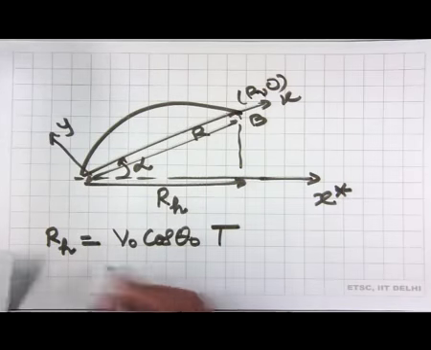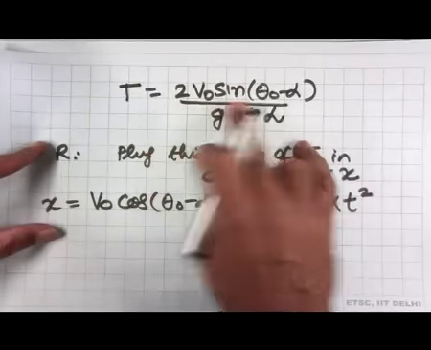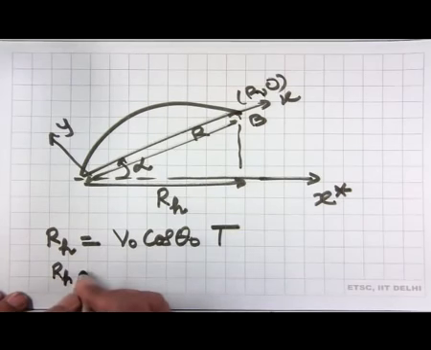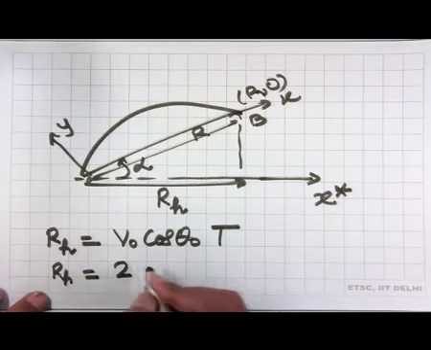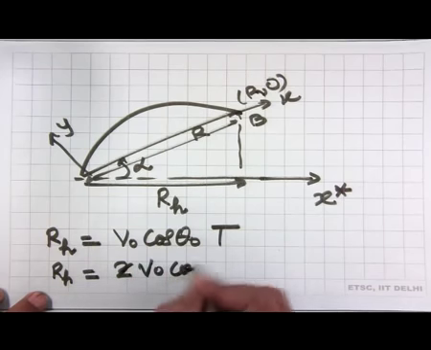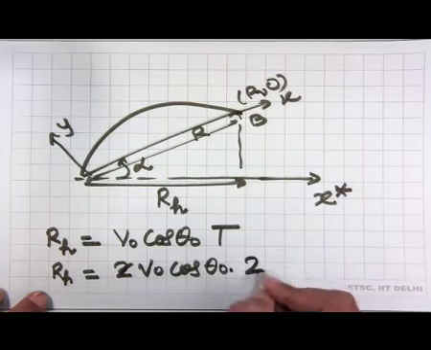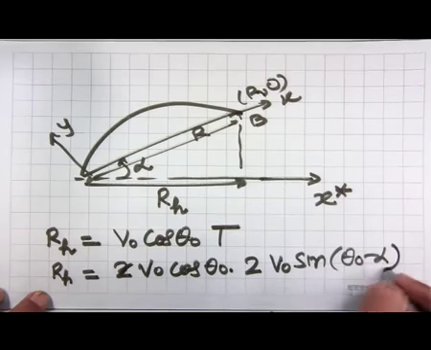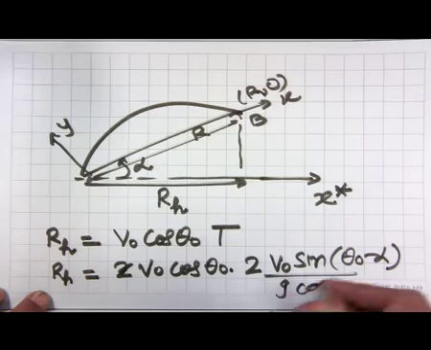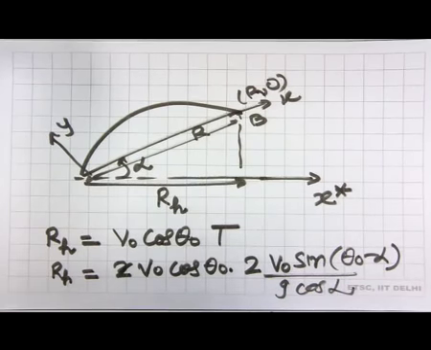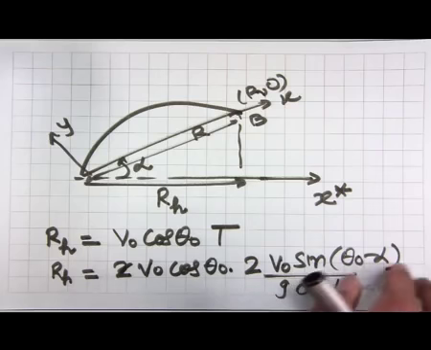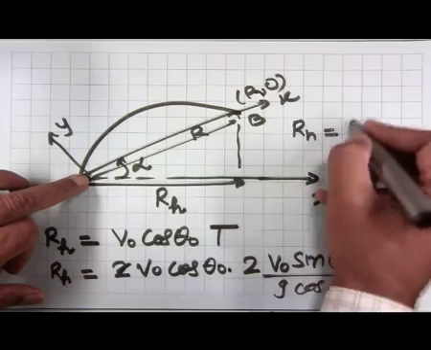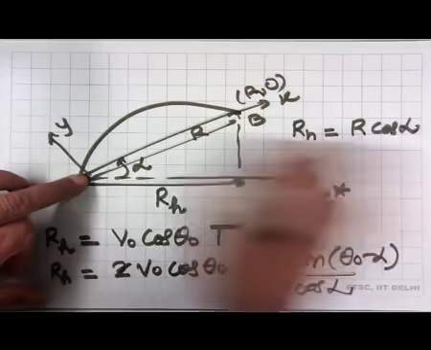Capital T, which we have just seen, is equal to 2 V0 sin of theta 0 minus alpha upon g cos alpha. Therefore, R sub h is equal to V0 cos theta 0 multiplied by 2 V0 sin of theta 0 minus alpha divided by g cos alpha. What we realize is R sub h is equal to the range times cosine alpha.